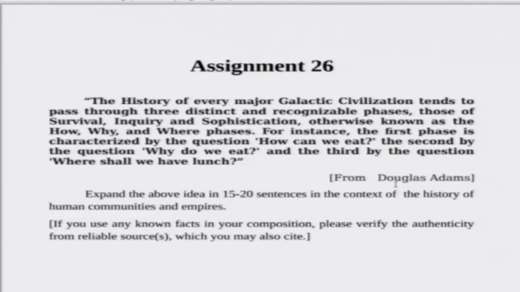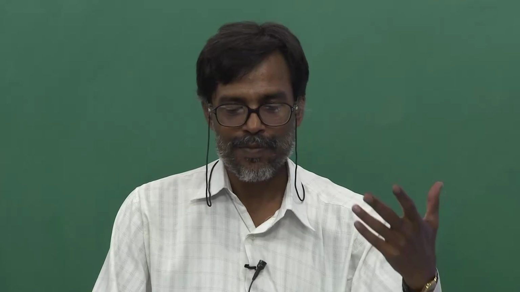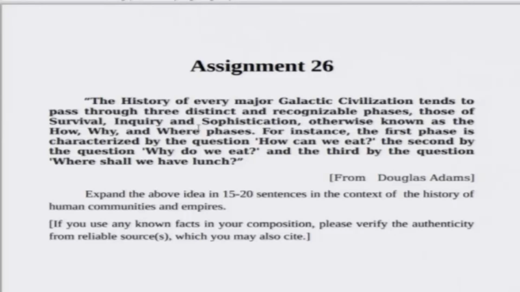What I am asking you to do is not so jovial, it is a little serious business, because behind this jovial comment there is a deep truth. And you unearth that truth by expanding this idea in roughly 15-20 sentences, in the context not of galactic civilization, but human civilization, in the context of the history of human communities and empires.